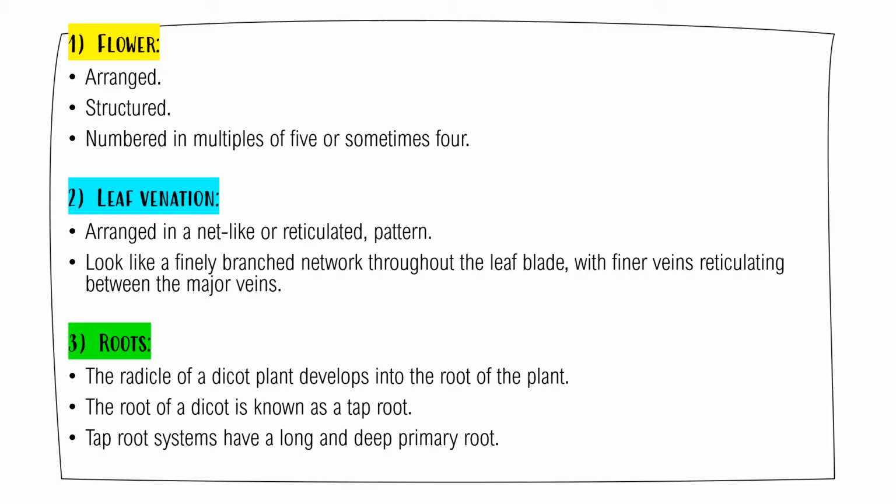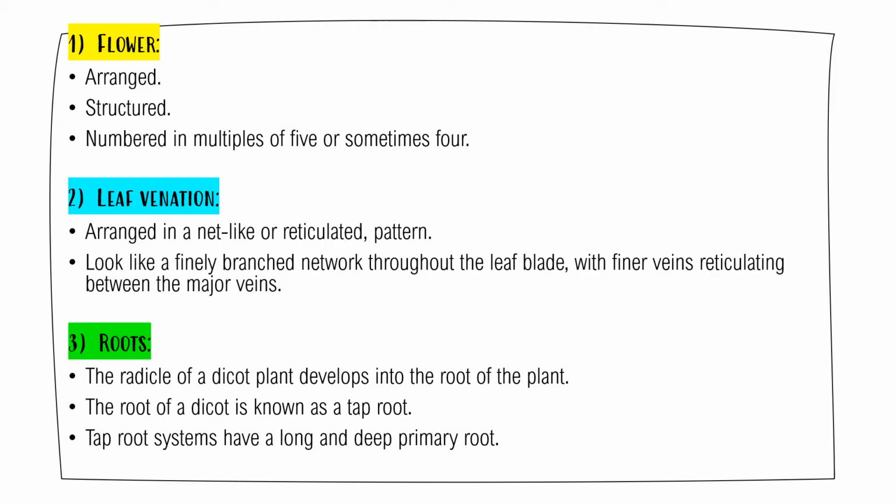This is not reliable, however, as it's not the easiest characteristic to look for in flowers that have either reduced or numerous parts. Next is leaf venation. In dicots, the veins are arranged in a net-like or reticulated pattern.